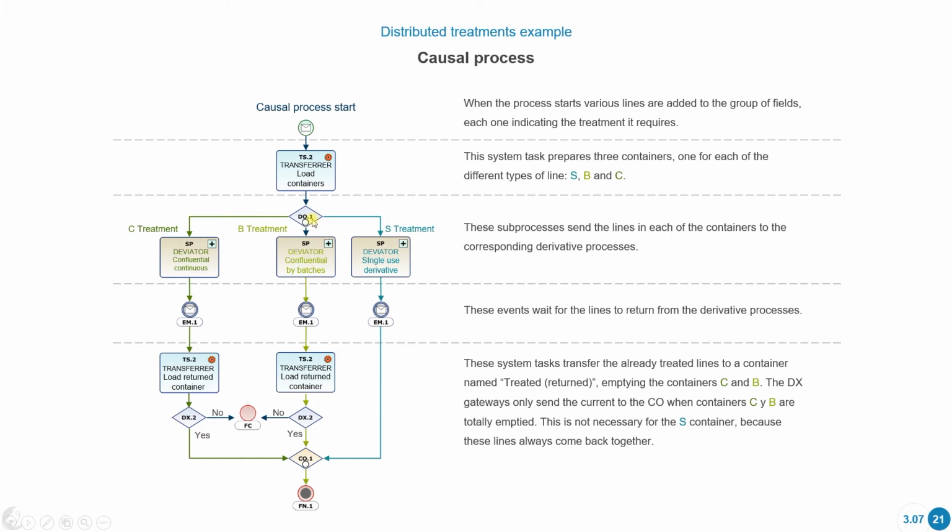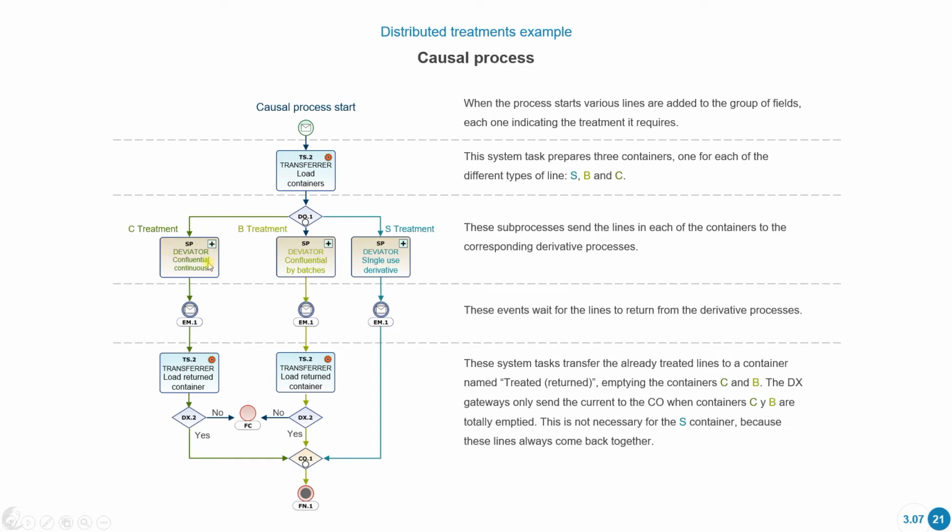We're using a DO because let's imagine that someone in the start message event only adds one line of the type B. In this case, the flow would only go through one outlet. This is why we're using a DO, because a DO allows us to move the flow through these different threads depending on the content of the group of fields, and maybe one or more outlets could be valid.